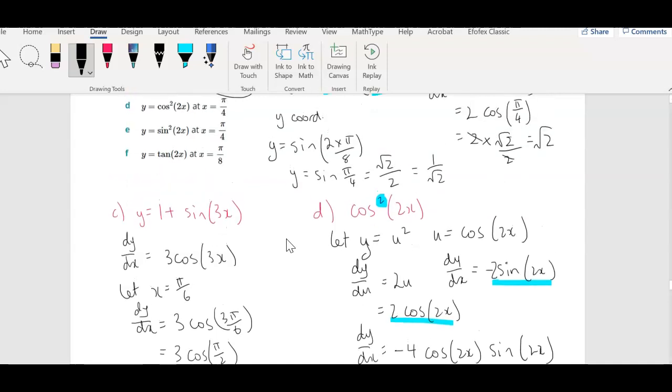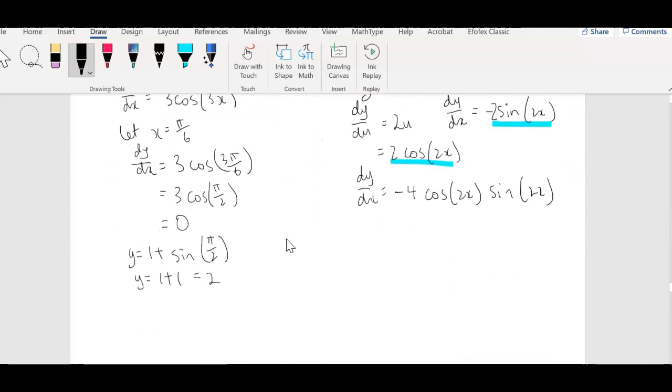All right, so we're going to let x equal pi on 4. So let's substitute that in. So we're going to get dy dx equals negative 4 cos, that's going to be pi on 2, and then sine pi on 2.